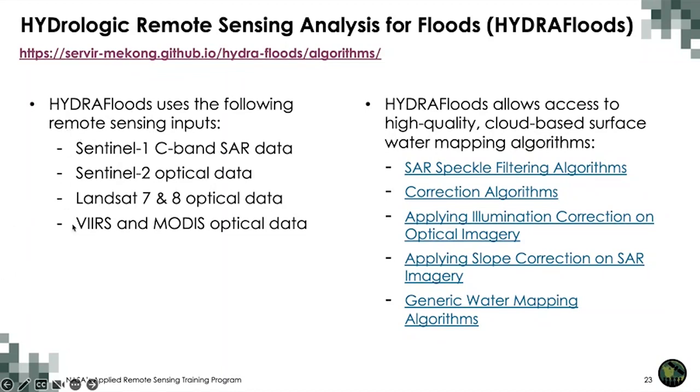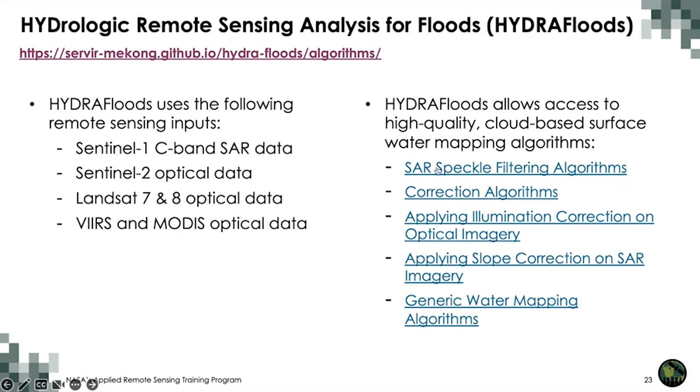HydroFloods uses a number of satellites: Sentinel-1 C-band SAR, Sentinel-2 optical data, Landsat 7 and 8, VIIRS and MODIS optical data. So with quite a few satellites, it has good temporal and spatial coverage for flood monitoring. We will look at the website, but algorithms are described here, and HydroFloods allows access to high quality cloud-based surface water mapping algorithms.